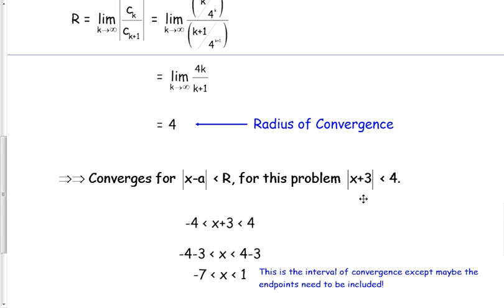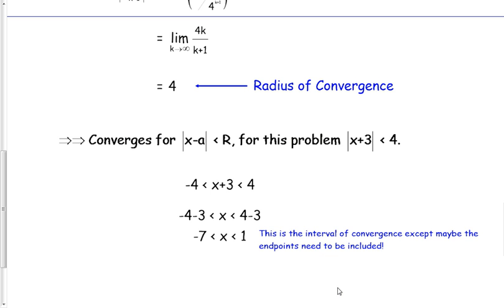So x plus 3 has to be between negative 4 and positive 4. All I'm doing now is taking this inequality and solving it for x. I subtract 3 all the way through. Negative 4 minus 3 is negative 7, and 4 minus 3 is positive 1. So this power series converges for all x's between negative 7 and 1.